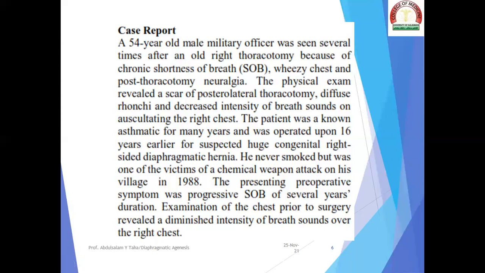The patient was a known asthmatic for many years and was operated upon 16 years earlier for suspected huge congenital right-sided diaphragmatic hernia. He never smoked, but was one of the victims of a chemical weapon attack on his village in 1988.